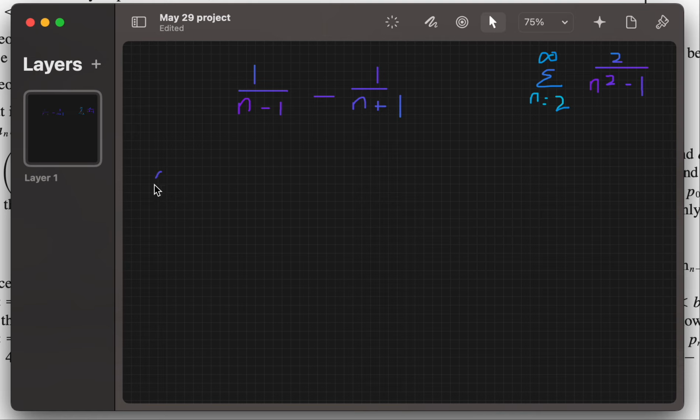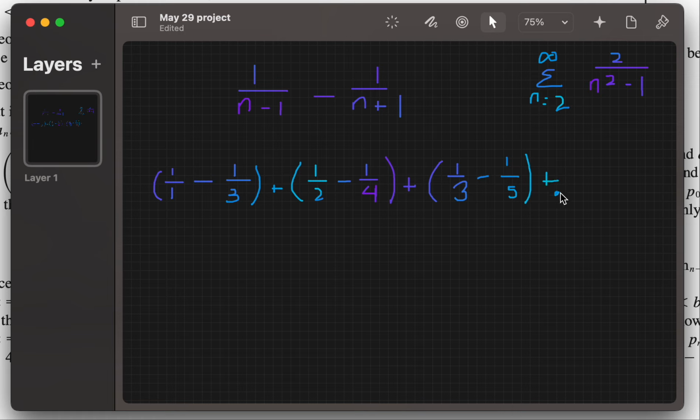So you would end up with 1 over 1 when n is equal to 2, minus 1 over 3, plus 1 half minus 1 over 4, plus 1/3 minus 1 over 5.